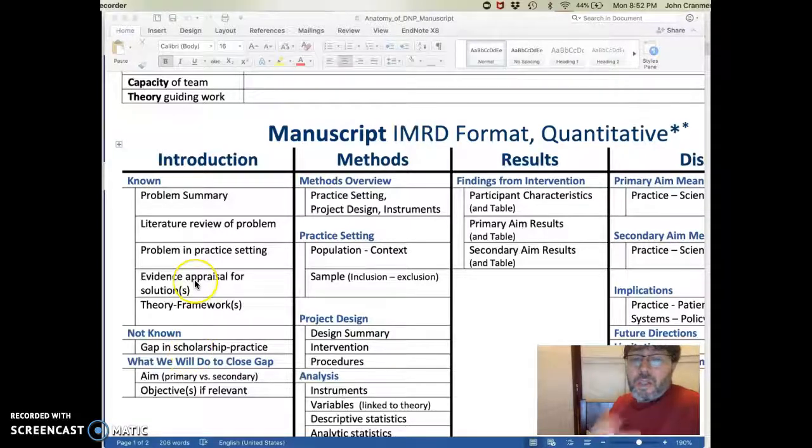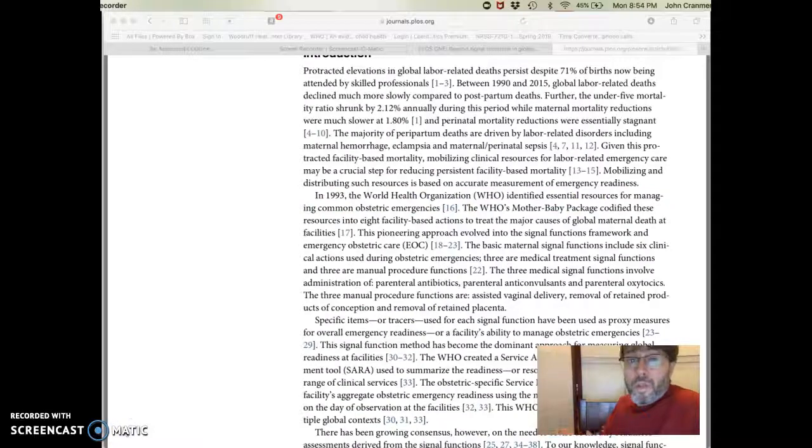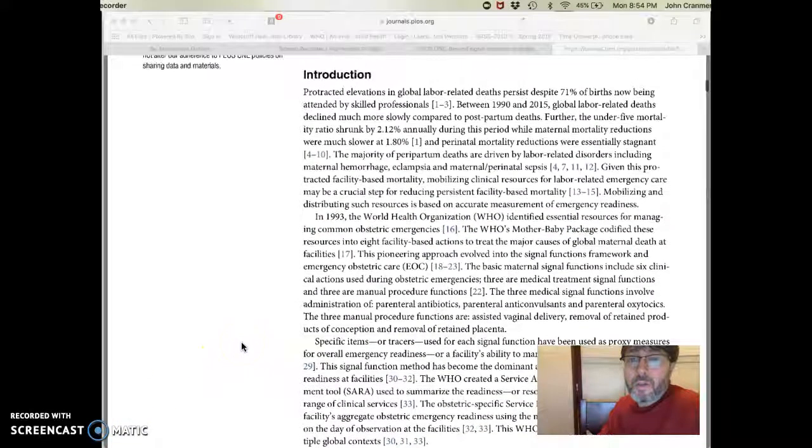So you can see those big buckets are absolutely represented here in the template that you've used to outline your manuscript and that you can use to continue to refine and hone your message in your manuscript. So in this one example on the course website on maternal mortality, you can see in the introduction section there are a couple of key areas. You have one here that's talking about the global burden of maternal death in general.